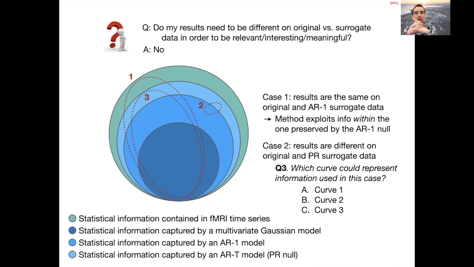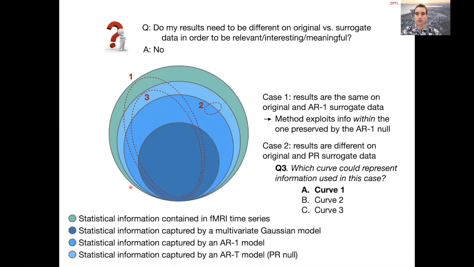Okay, so what is the information preserved by PR? It is the light blue curve, right? We find the metric to be different in original and PR surrogate data. So this means that the metric is exploiting, at least partly, information that goes beyond this circle, right?